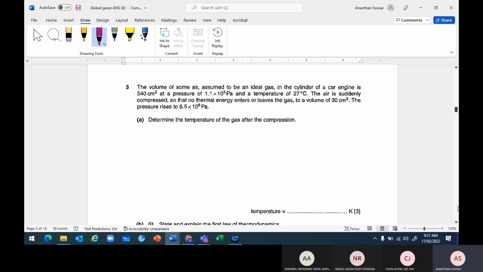What is the temperature in Kelvin? Is it PV equals nRT, PV equals NkT, or another one? Which one should be used? Determine the temperature of the gas after the compression.